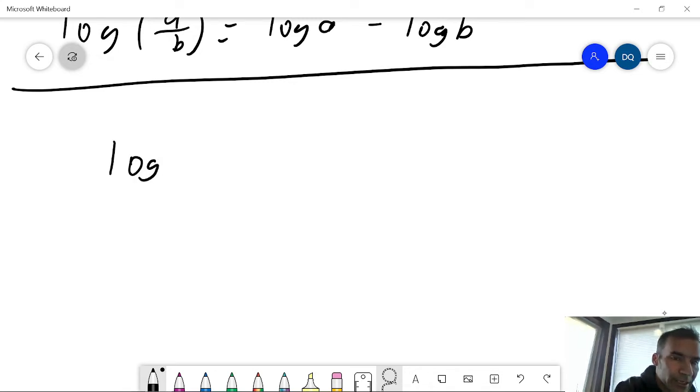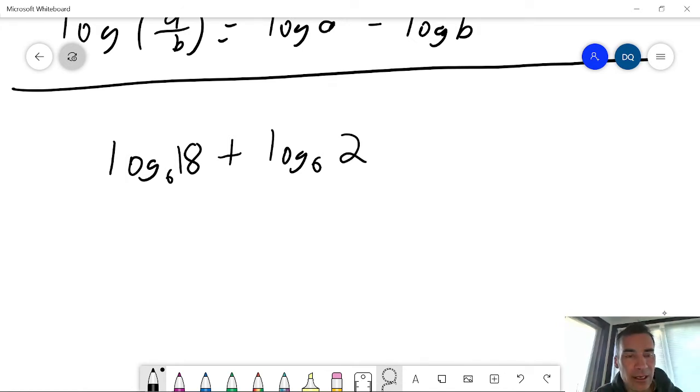You've got the base 6 log of 18, plus the base 6 log of 2. And we're to evaluate this using the product law of logarithms.